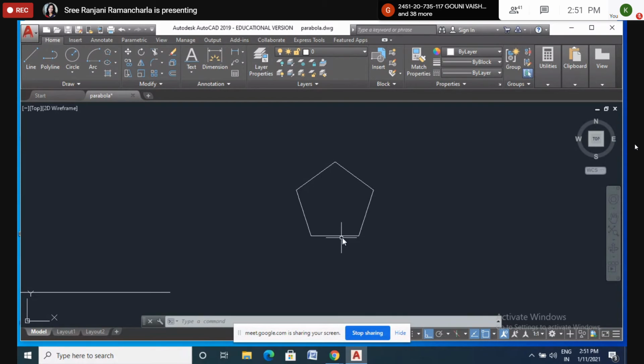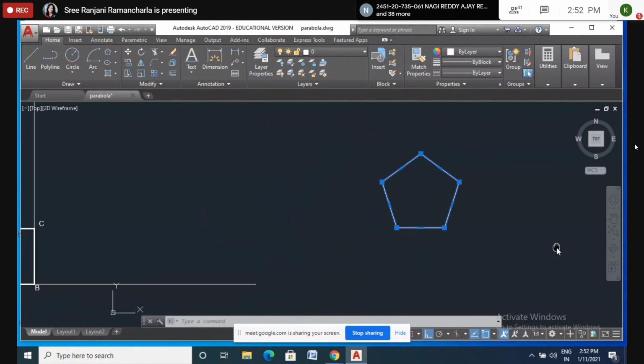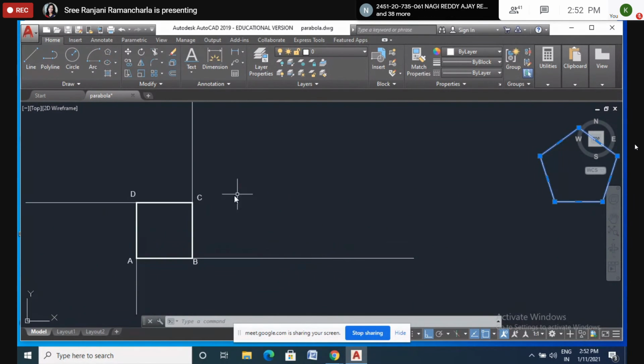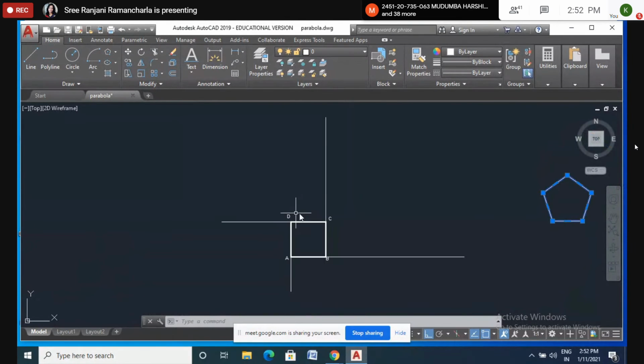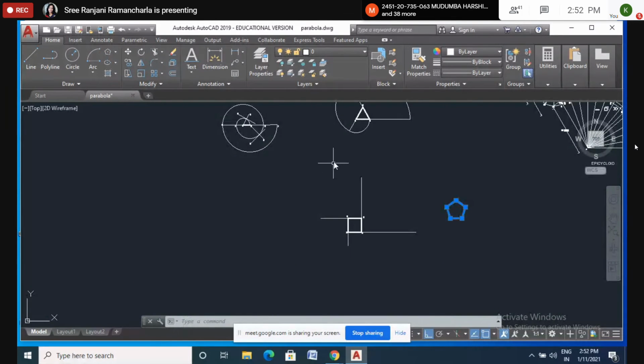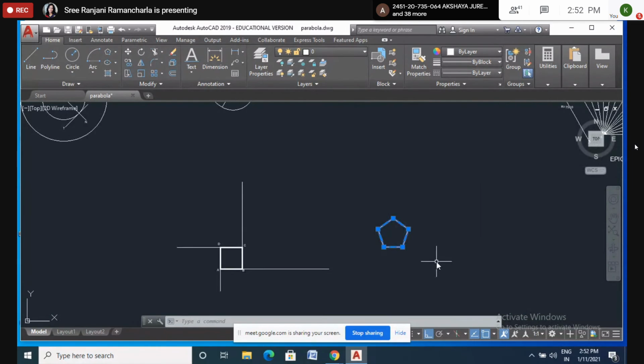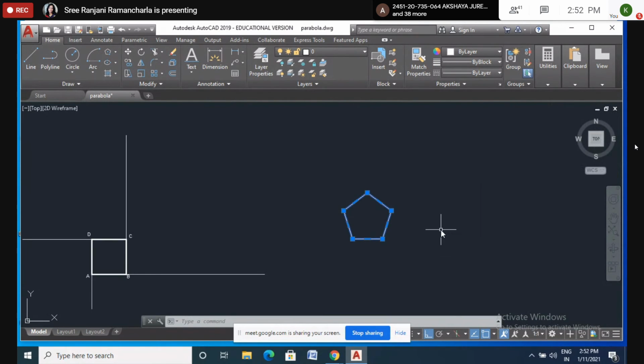Draw the radius for this point, then draw the curve. This will be the radius for this line, and draw the curve. Same as before, no change anywhere. How you have drawn the square and triangle, draw for the pentagon also. Okay, please do it now.